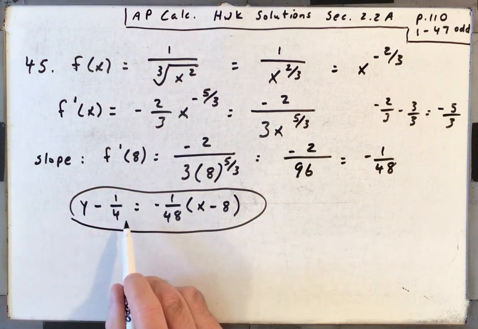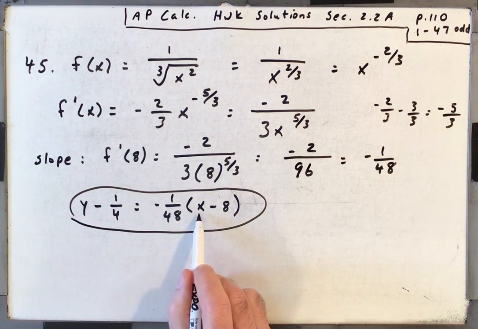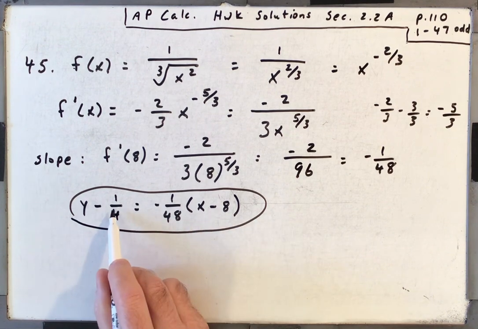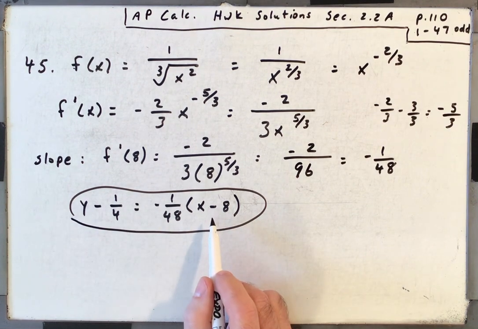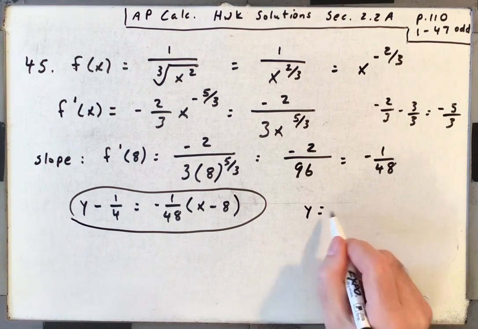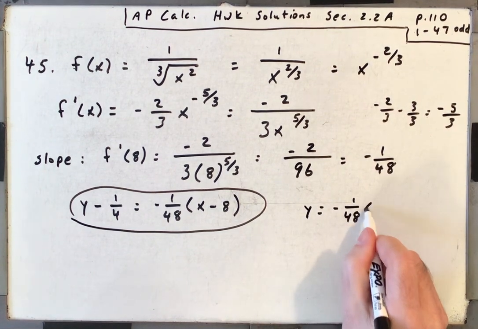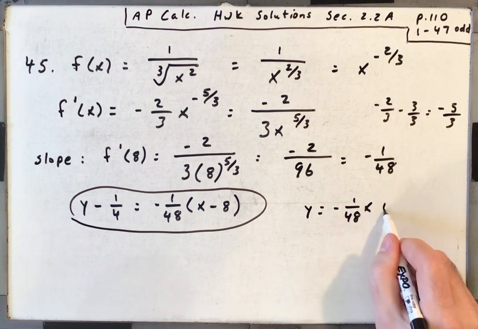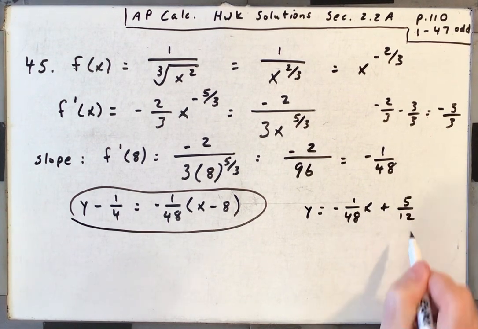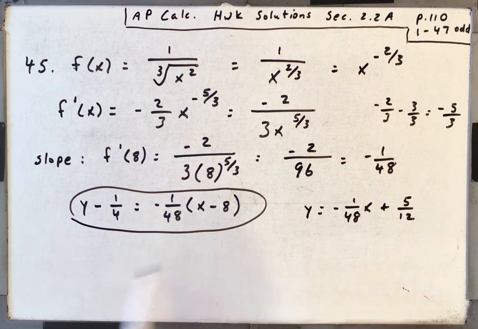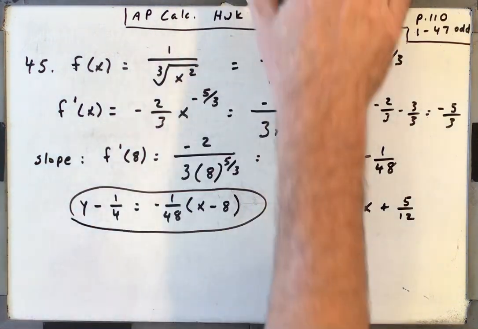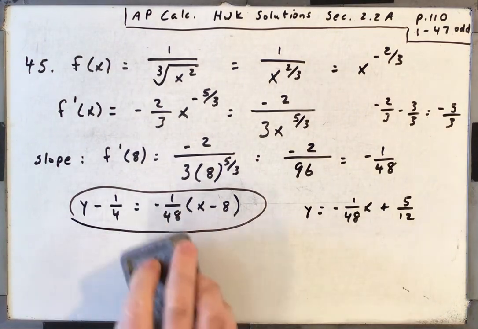If you want to distribute the negative 1 over 48 and then add a fourth to both sides, you'll end up with y is equal to negative 1 over 48x plus 5/12. That's maybe what the back of the book has, but I'm fine with this. Don't do all that extra work and potentially make a mistake that I have to count off. Just leave it in point-slope form.